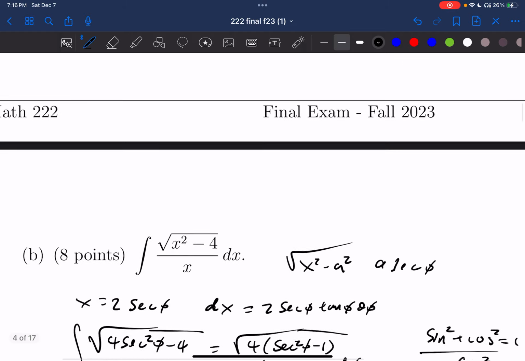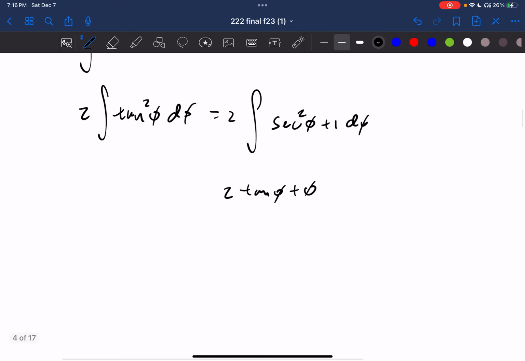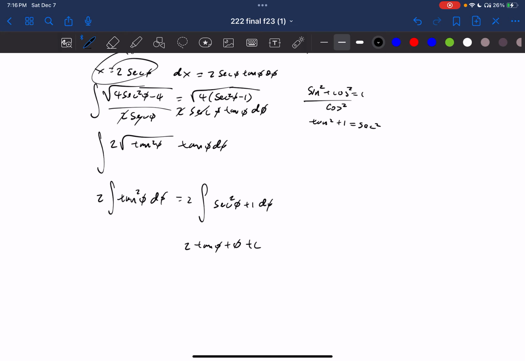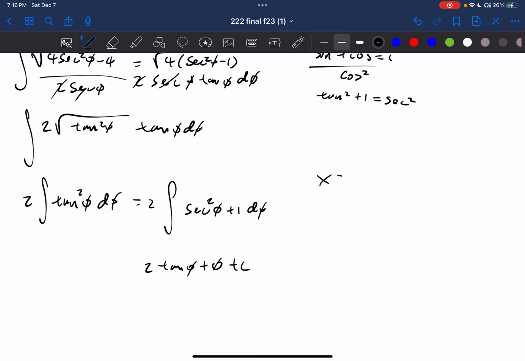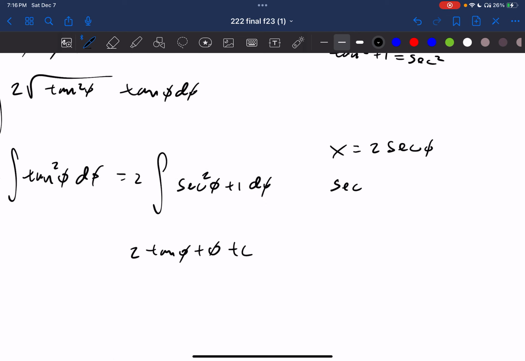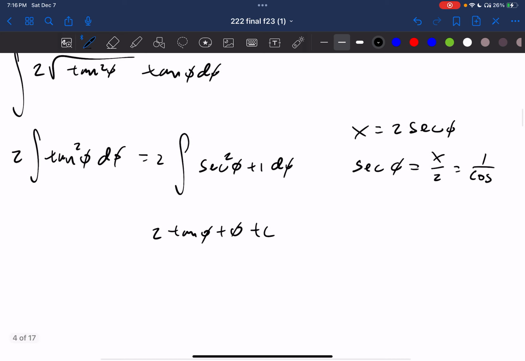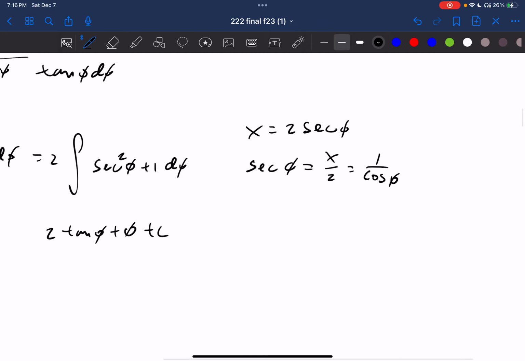And we started out with x, now we're in theta, so we need to revert this back to x. So we notice from here that x is equal to 2 secant theta, so secant theta is going to be equal to x divided by 2. Secant is equal to 1 over cosine theta.